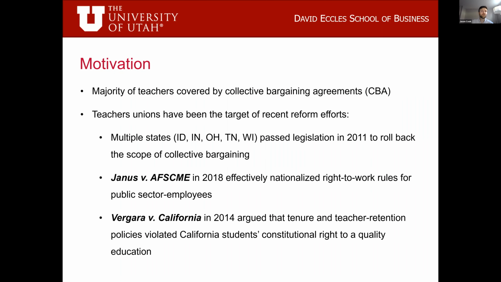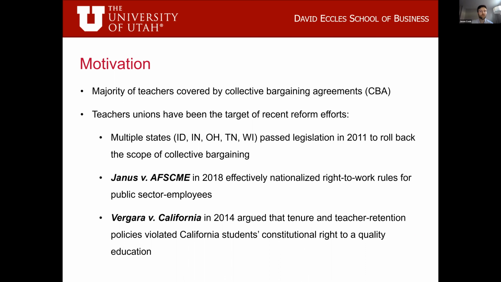And it's also a popular policy lever that's been a target in recent education reforms. Multiple states, including Ohio, which is the context of our study, passed legislation in 2011 to roll back the scope of collective bargaining. There's this landmark case, Janus versus the American Federation of State, County, and Municipal Employees, which just rolls off your tongue. In 2018, it effectively nationalized right to work rules for public sector employees. Right to work just means you cannot be compelled to join a union or pay union dues.